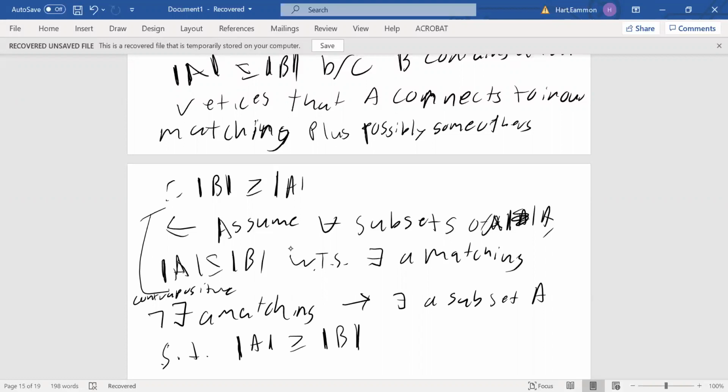So this is just the statement of the contrapositive.